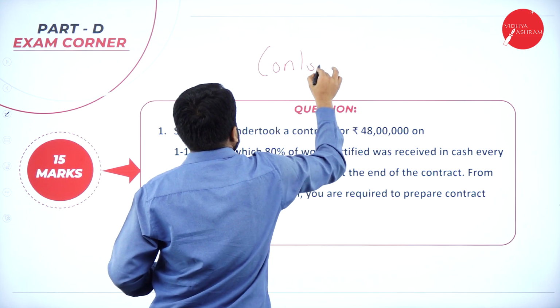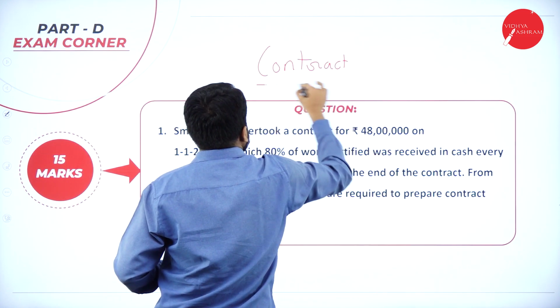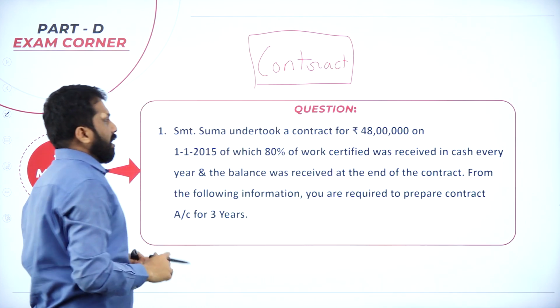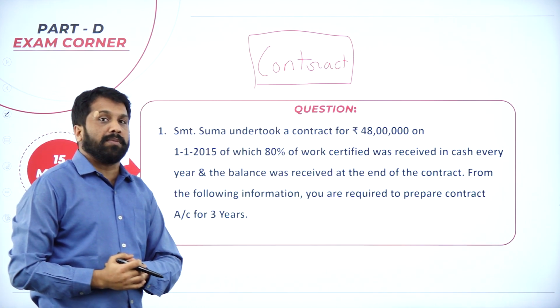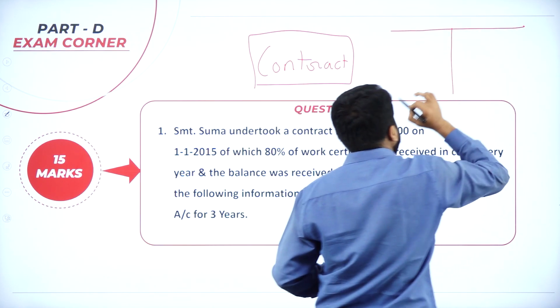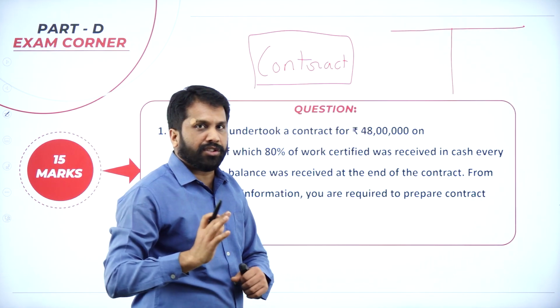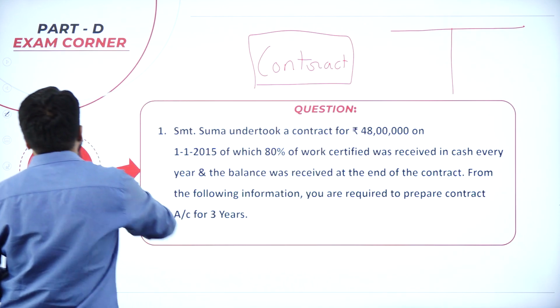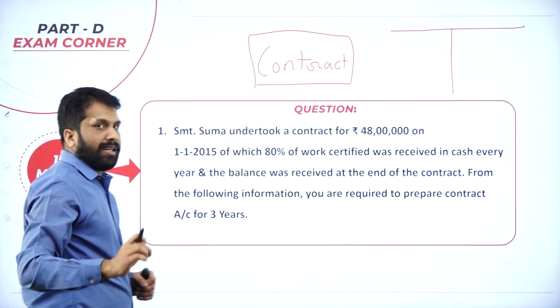contract. What is the first one? Contract costing. So under contract costing, what you are supposed to remember, you have to remember the format. What is the format? I gave you a shortcut in this. What will come under debit side and what will come under credit side?